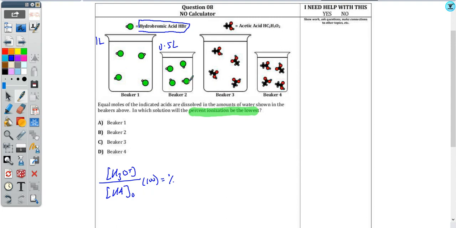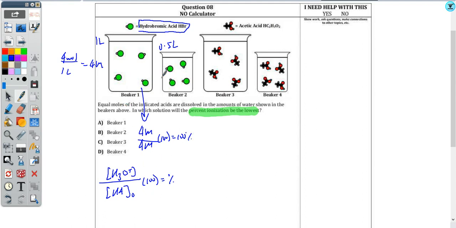We'll just say 4 moles in each of them. So here, 4 moles in 1 liter is a 4 molar concentration of acid. For this beaker, I know that all of it is going to completely ionize. So I'm going to get 4 moles of hydrogens in that 1 liter. So this is going to be 100% dissociation.